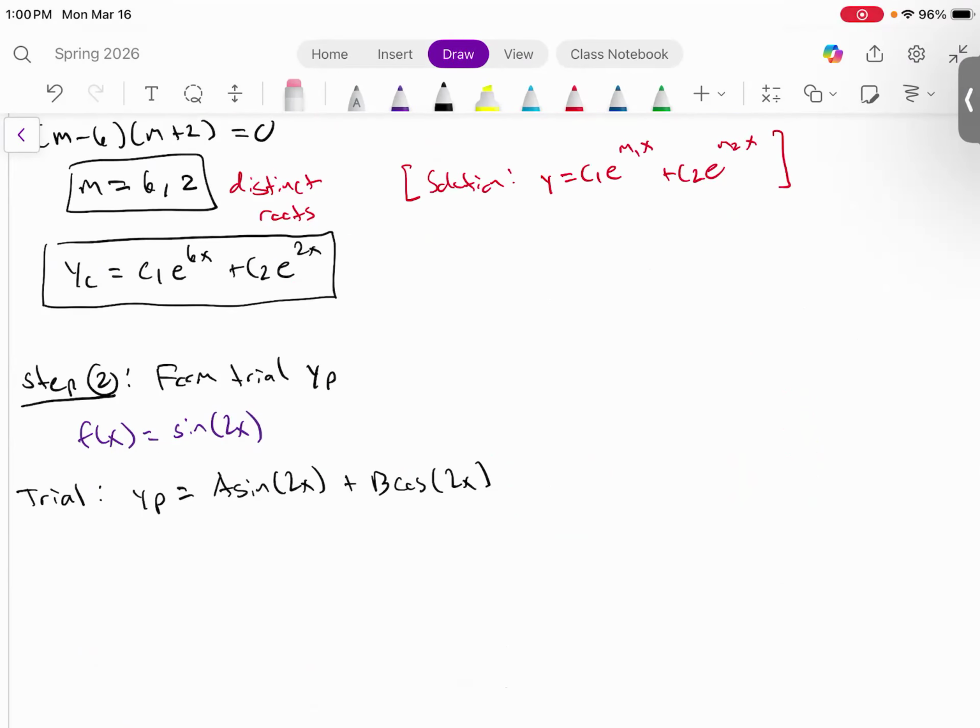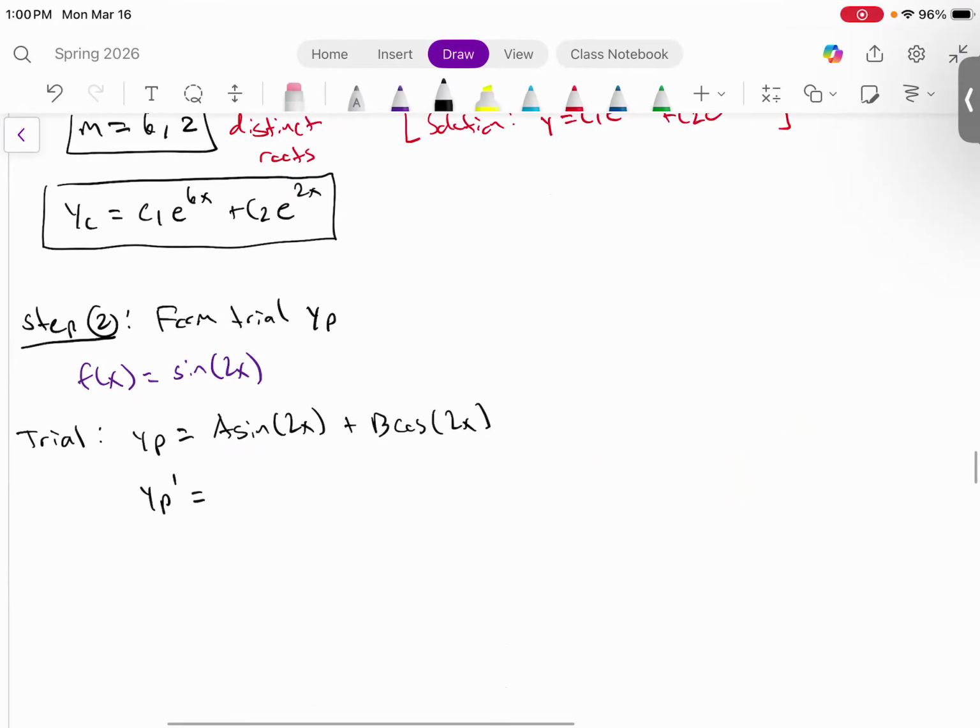Actually, I like writing cosine first out of preference, and I think that's why I was getting a little mixed up. So my trial is y sub p equals a cosine of 2x plus b sine of 2x.